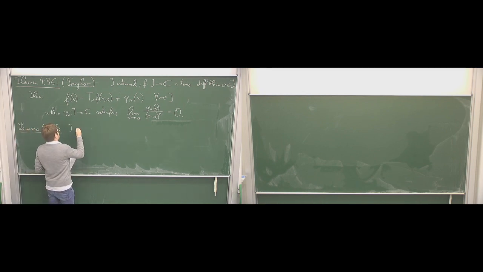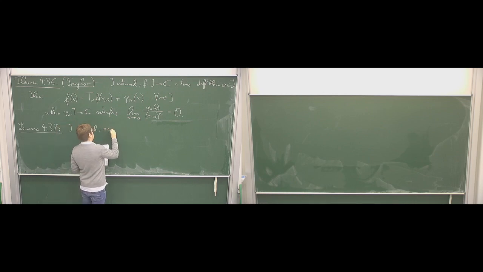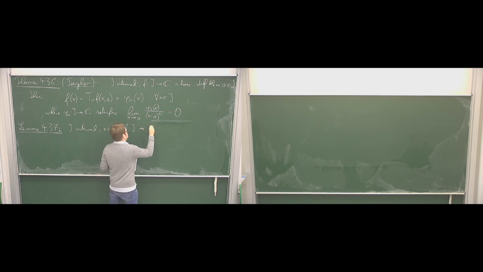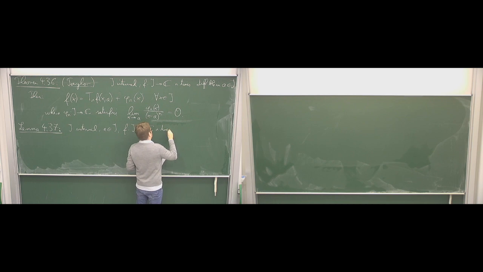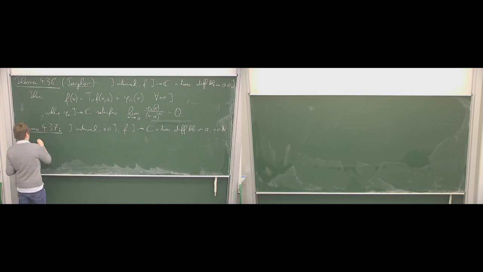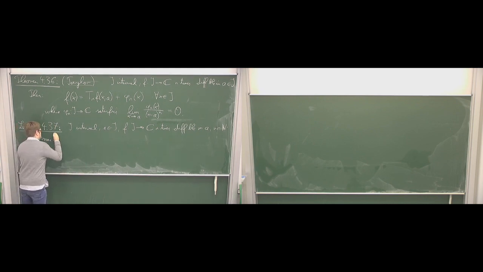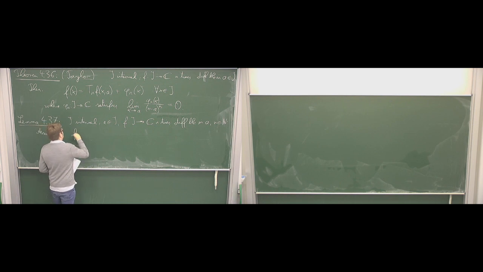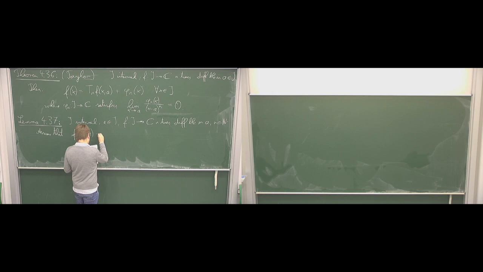Right? So this is a lemma. Namely, I an interval. So basically the same setting as for Taylor with a bit of additional stuff. We take a point a in the interval. We have a function from I to C, which is n times differentiable in a, where n is a natural number. So if we assume that all derivatives vanish in a, so f^(k), the kth derivative of f in a, is 0 for all k between 0 and n.